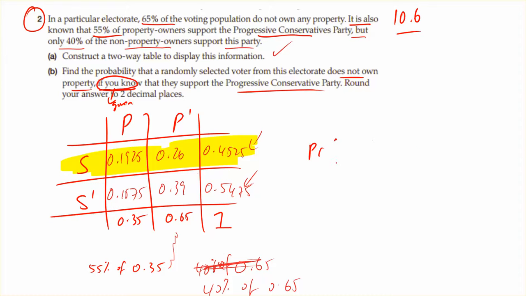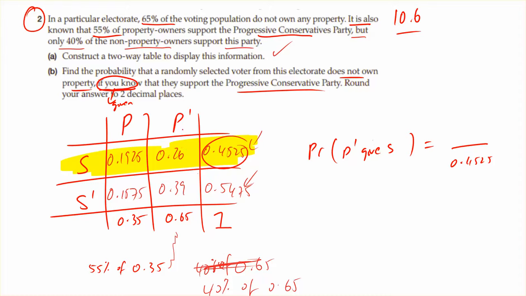So given that they support the party, what's the probability that they do not own property, so P dash? The probability of them supporting the party overall is 0.4525, it's the total here. And out of the yellow, what's the probability that they don't own property?